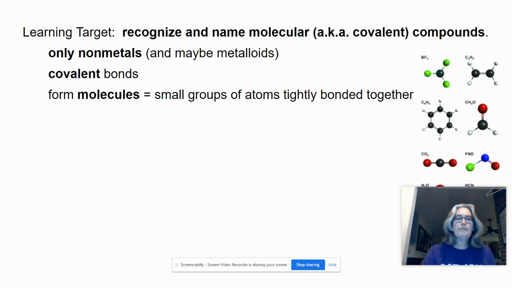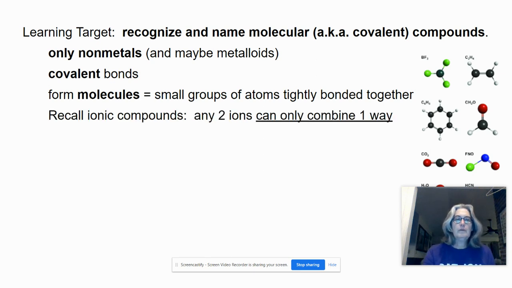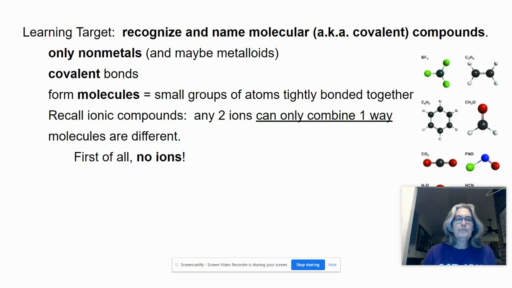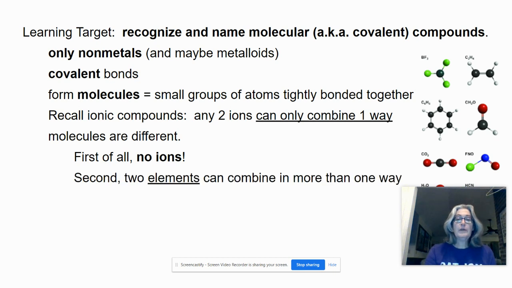Molecules are different. First of all, they don't have any ions. Second of all, two elements can combine more than one way. They can combine a whole bunch of different ways.